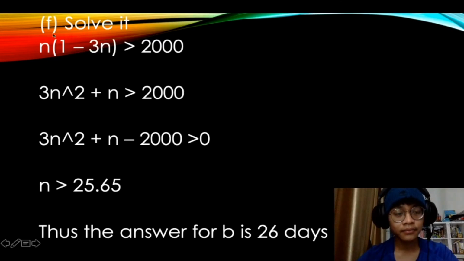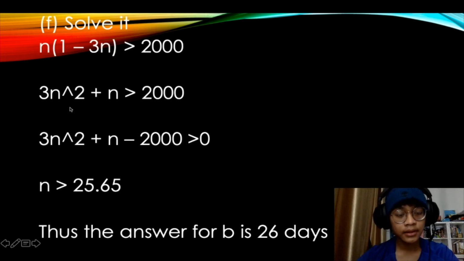n in bracket 1 plus 3n over 2 is greater than 1000. We move the 2 over there, so we get 2000. We get 3n squared plus n, because we multiply the n outside.